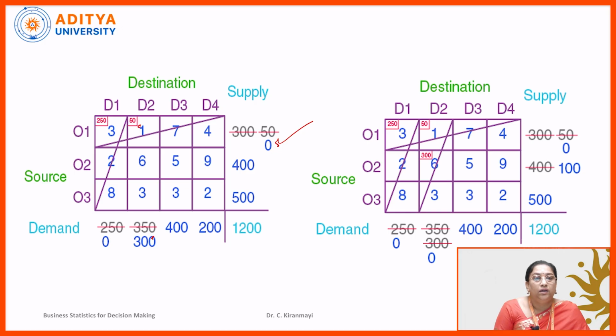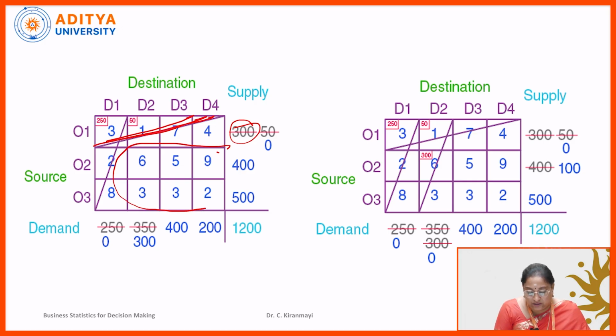Already we have supplied 50 units to destination 2. So 350 minus 50, 300 more units are to be supplied to destination 2. This is how we can understand the problem. And since all the units are supplied from origin 1, now strike off this first row.